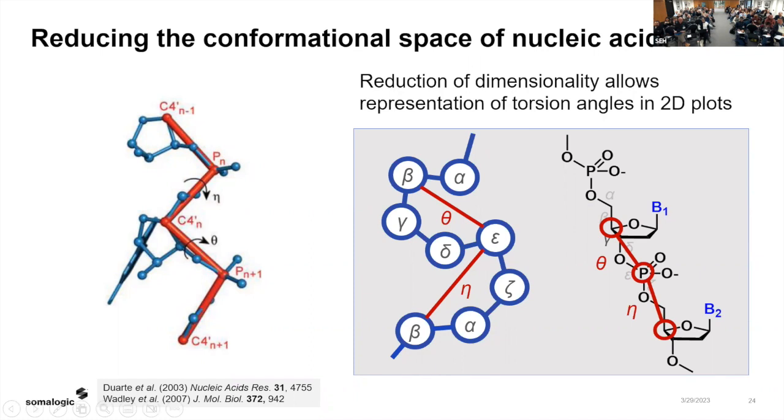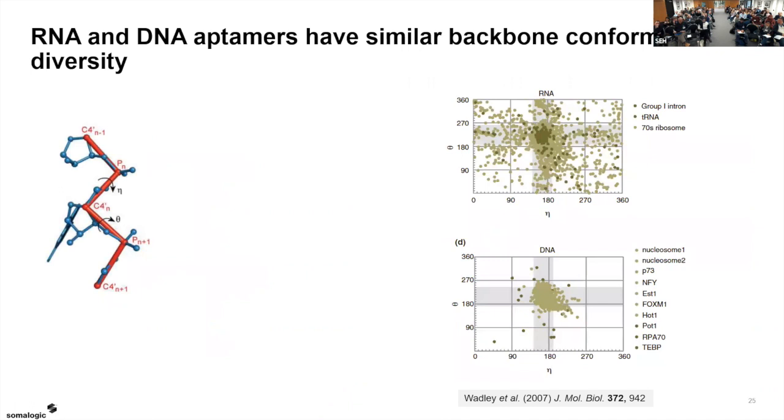So instead, you can just bridge these and make these theta bonds, and then that allows you to represent the backbone the way you would with proteins, with Ramachandran plots.